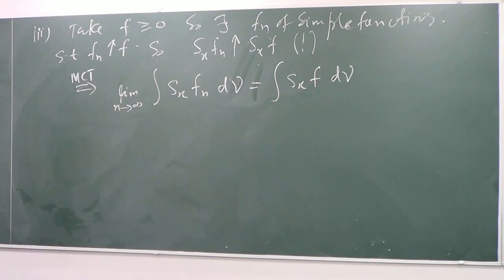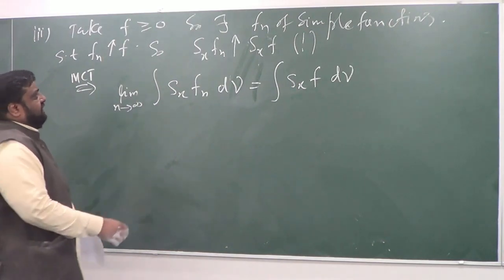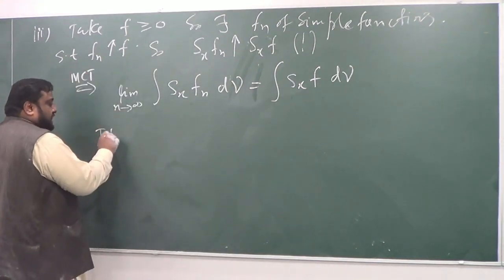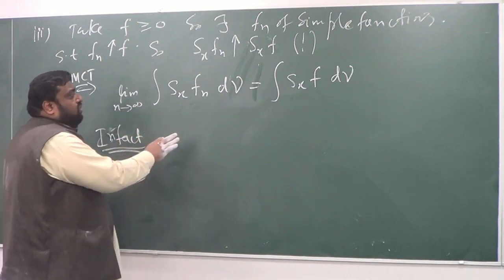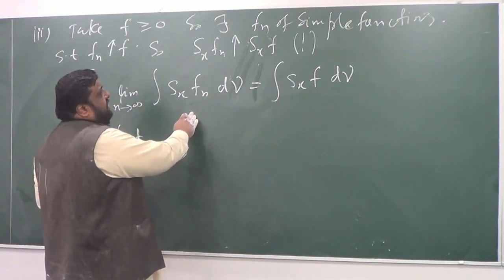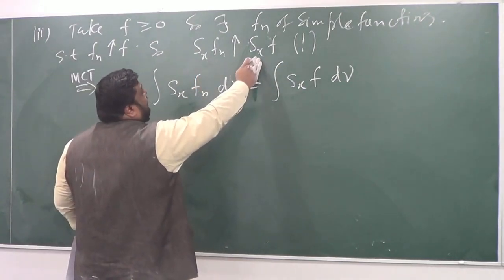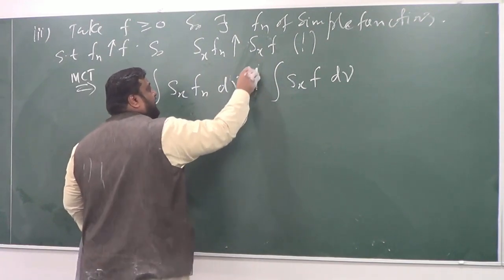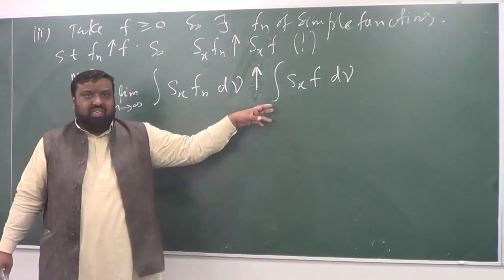Now, in fact, I can show even more. Not only is this true, but if the section of Fn is increasing to the section of F, then this guy is increasing. It's not only equal to the limit, but is increasing.